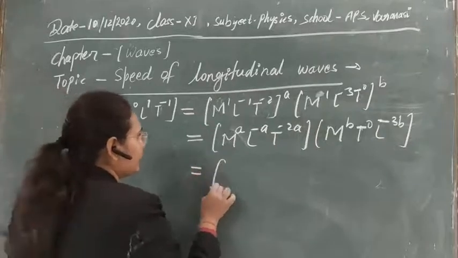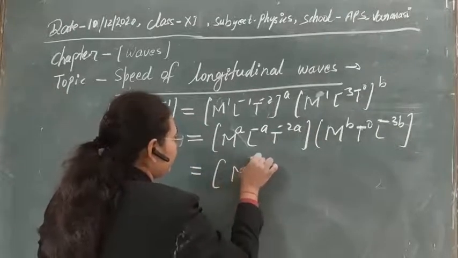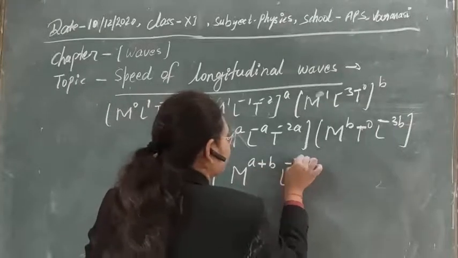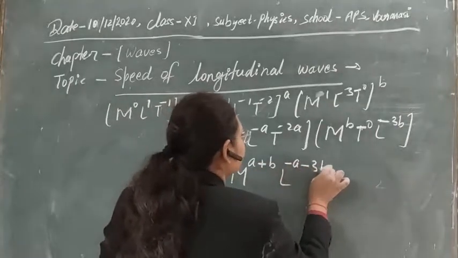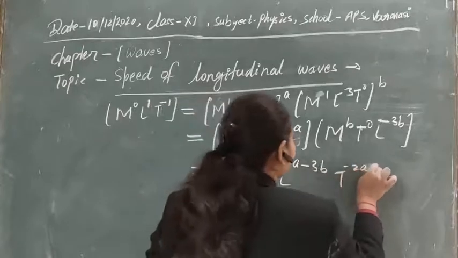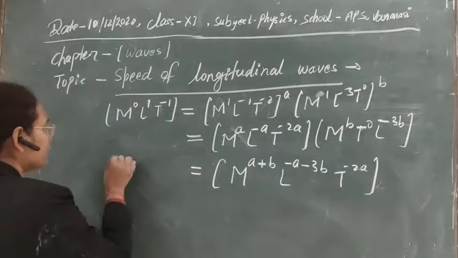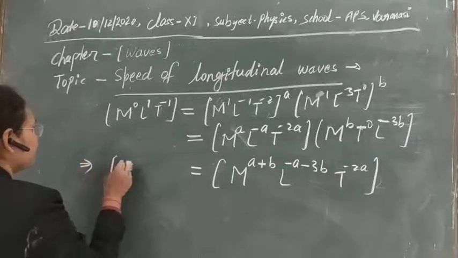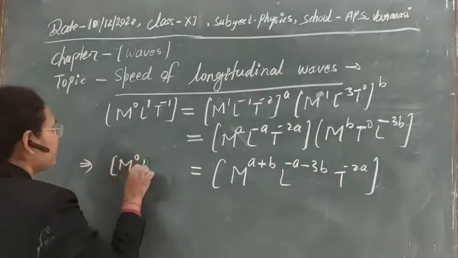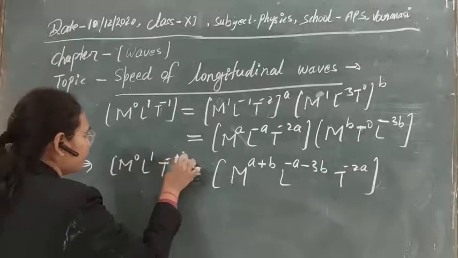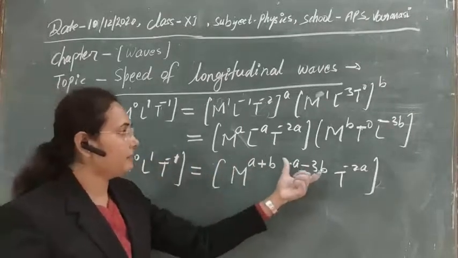Finally, if you write it, we obtain M^(a+b) L^(-a-3b) and T^(-2a), and this is 0 obviously. Now let's compare the powers on both sides. We will obtain the values of a and b easily.